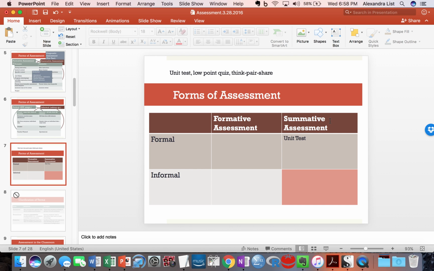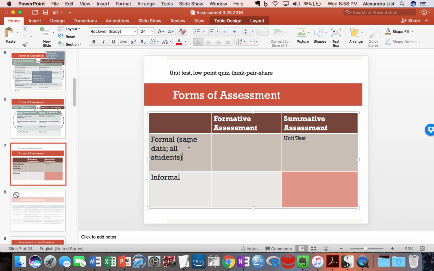So same assessment and everybody gets it. So I know that it's formal. So I'm getting same data, all participants, which is what we talked about, all students, I should say, rather than participants, and we talked about that as the definition of formal assessment, and because I'm giving the same unit test to all of my students, I know that that's formal, so formal summative assessment.